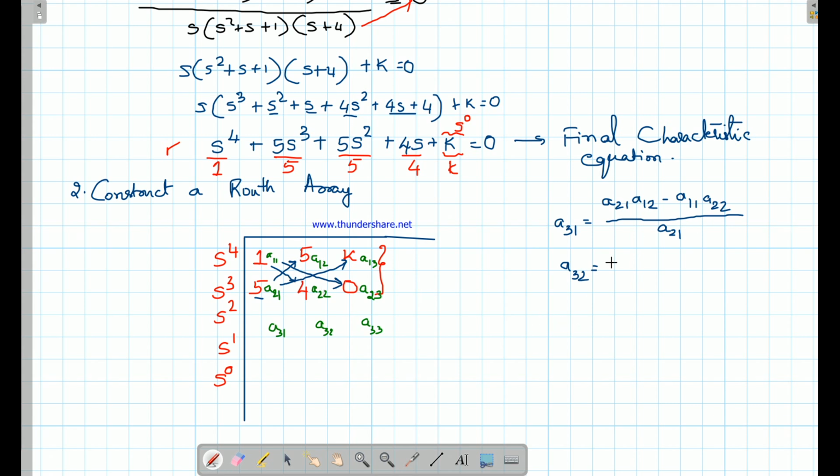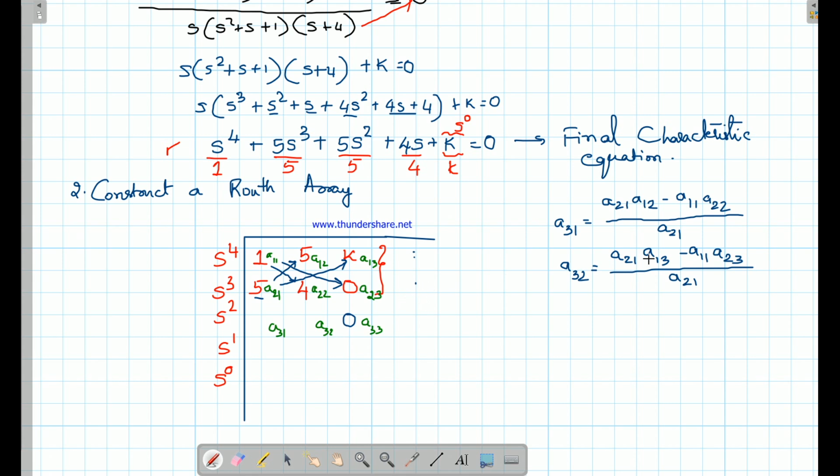So it is A21 into A13 minus A11 into A23, whole thing divided by A21. So this is your A32. Now coming to A33, we don't have any elements here. So by default our A33 will be equal to 0, because we don't have any element to be multiplied.